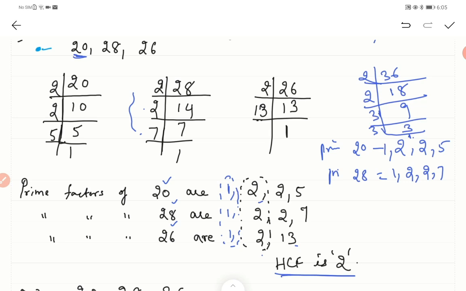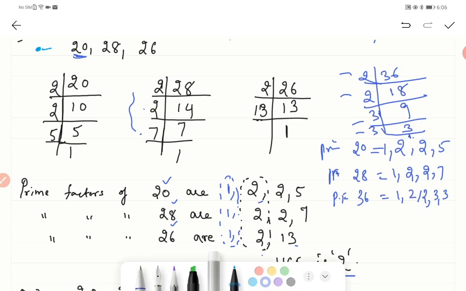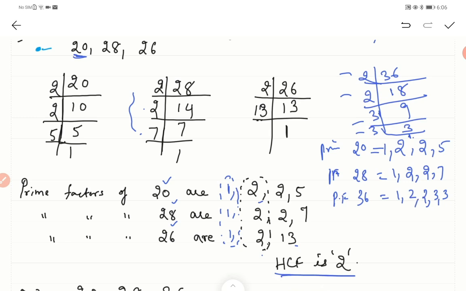So the prime factors of 36 are what? 1, 2, 2, 3, 3, isn't it? So these are your prime factors: 2 two times, and 3 two times.